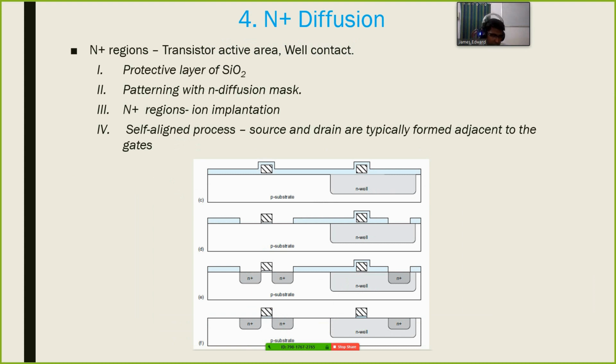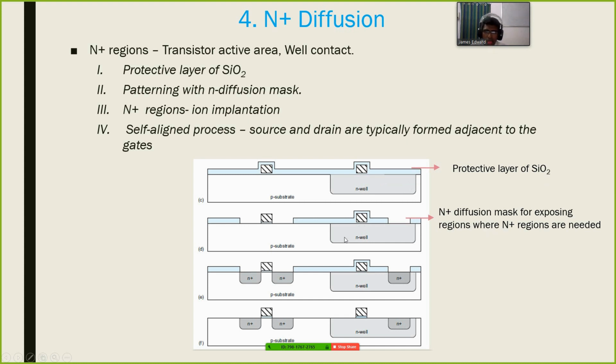So we move on to the next step, that is N plus diffusion. Here, initially, we have the substrate, N-well and gate. A protective layer of SiO2 is grown. Then we have the regions where N plus diffusion needs to be made, so we expose these regions using a diffusion mask. Then the N plus diffusion is actually performed using ion implantation.